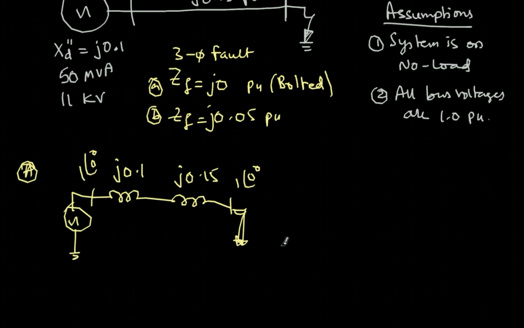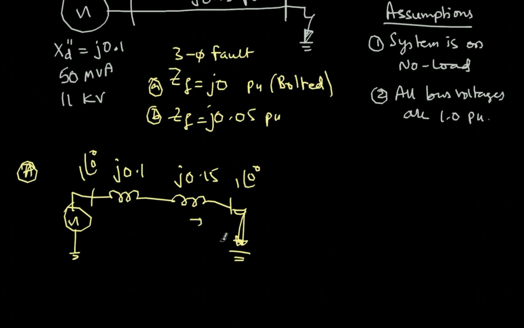The moment the fault occurs, what will be the fault current? If there is a fault occurring here, the voltage here becomes 0 volts, and therefore I can simply calculate what the current would be here.